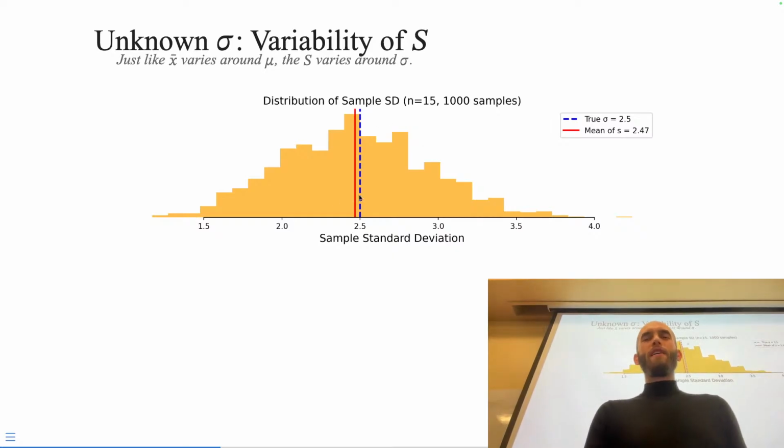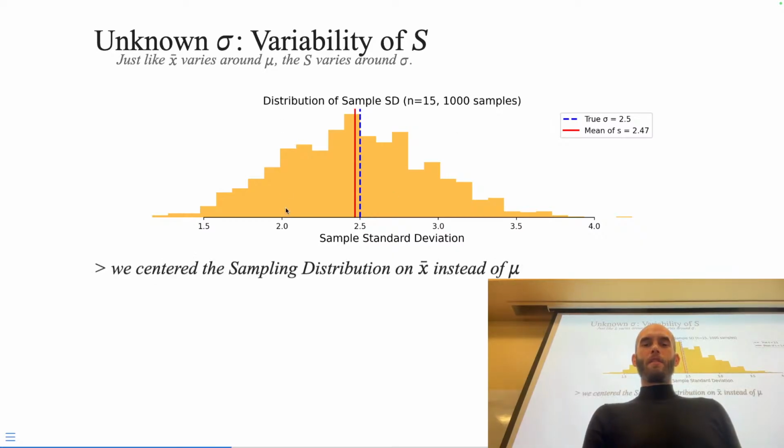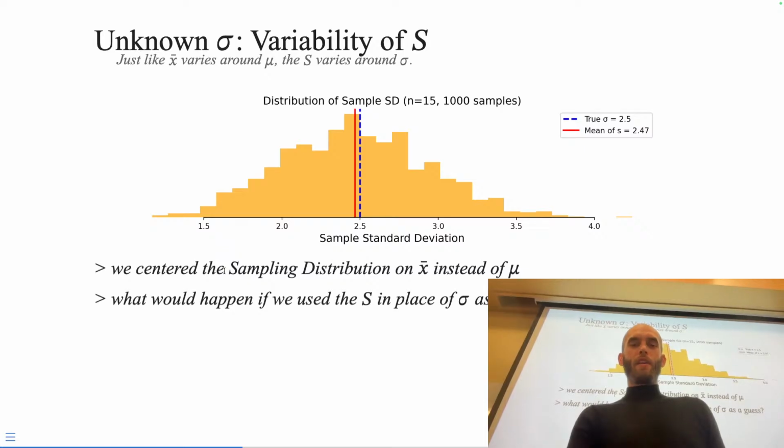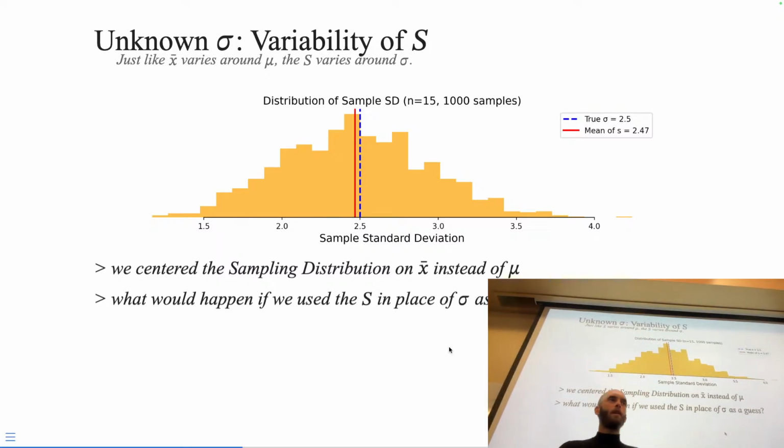Here, what if we simply switched the sigma, so the population standard deviation, what if we just swapped that with the sample standard deviation, S? We can see that there's a ton of variability here. Anyone know what happens? So we centered the sampling distribution on X bar instead of mu. What would happen to our model if we swapped S for sigma?